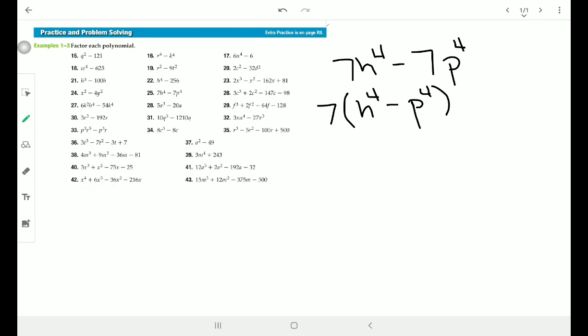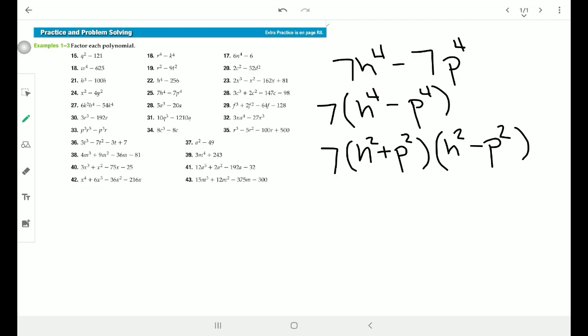The h to the fourth is a square, and the p to the fourth is a square. So now we can factor even further as h squared plus p squared and h squared minus p squared. Notice again we have a difference of squares, so we can do it one more time.